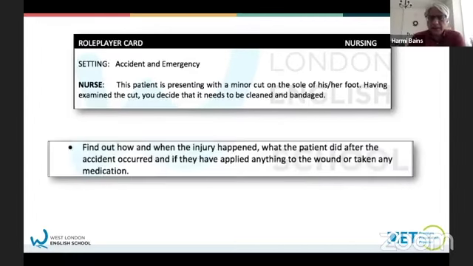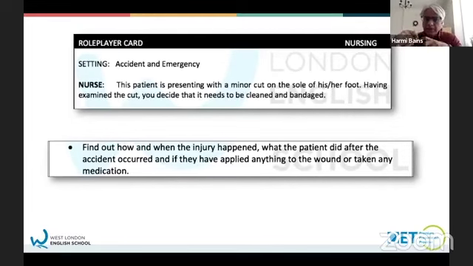Okay, now your first task says this: find out how and when the injury happened, what the patient did after the accident occurred, and if they have applied anything to the wound or taken any medication. Okay, so in the exam, it's really worth examining, analysing your role play card.